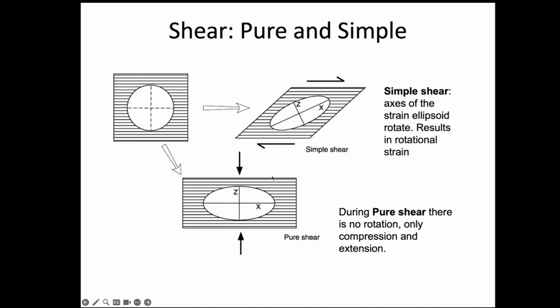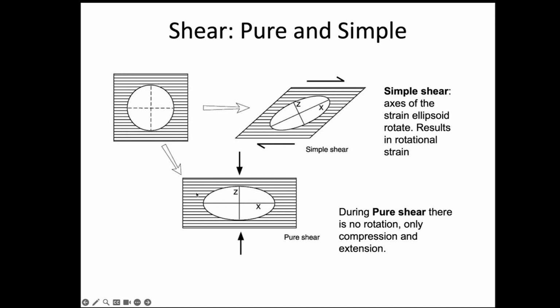So that allows us to distinguish two types of shear. One is called simple shear, where we rotate the axes of the strained ellipsoid. And the other one is pure shear, where there's no rotation. And if you're like me, you're confused by this terminology because this to me seems purer than this. This seems simple. This seems pure. That's not the way to think about it. The way to think about it is simply, this looks like a cube.